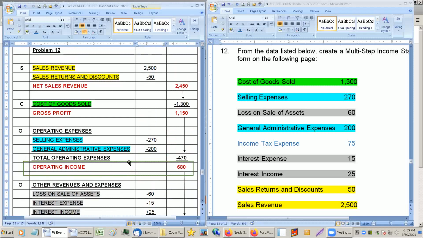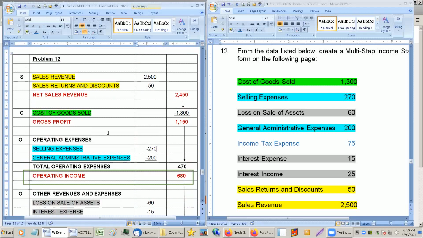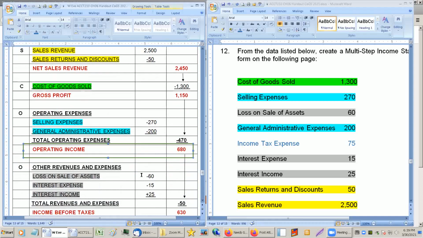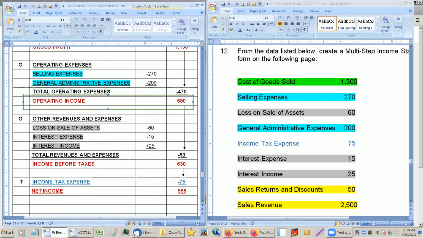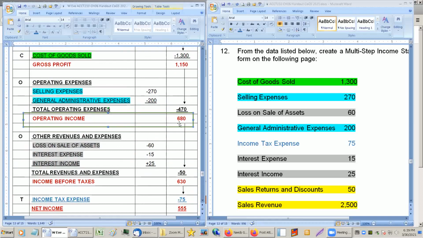If this is Ford Motor Company, this is what they make out of selling cars. They have this other stuff too, but this is for selling cars. If you're looking at the Ford company, you're going to ask what they are doing with selling cars. That's what we're mostly looking at. So a lot of times this operating income number is considered the more important of the numbers.